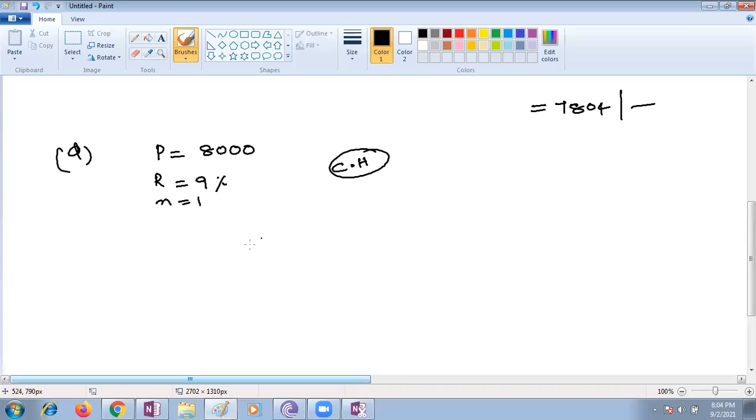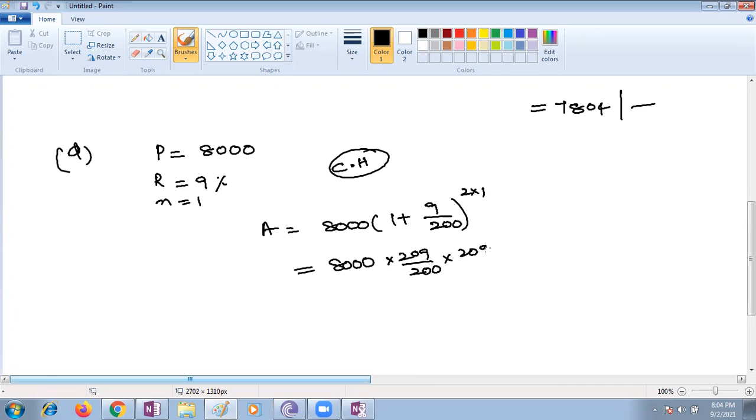Half yearly is given, so you can use your amount equal to P into 1 plus R by 200 whole power 2n. 2n means 2 into 1, which is equal to 2. So it's 8,000 into 209 by 200 whole power 2.